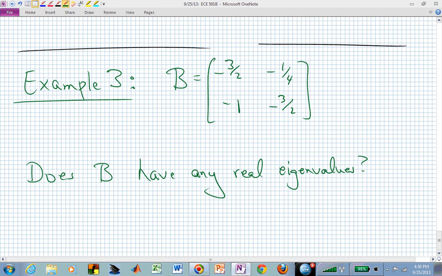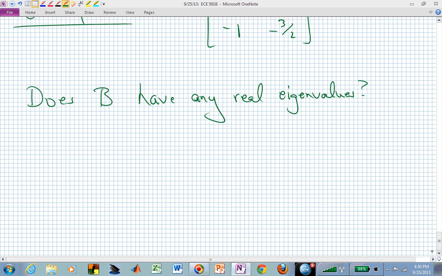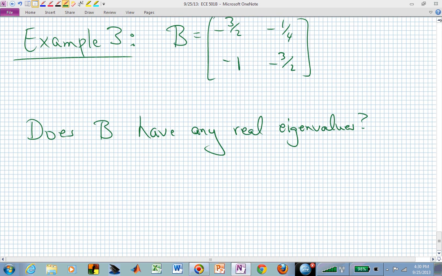If we're interested in this as an eigenvalue eigenvector problem, then we're trying to see if an x and a lambda exist that satisfy this, where all the elements in the x vector and the lambda are real.